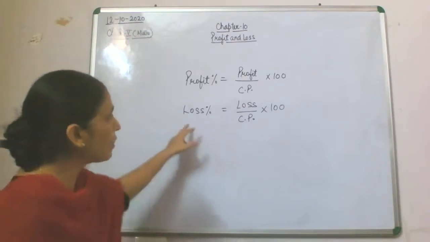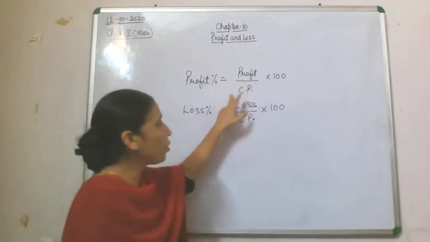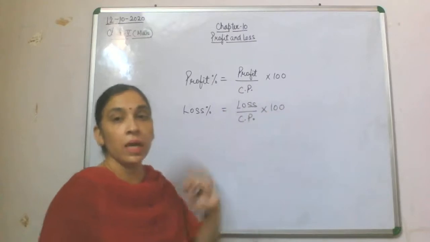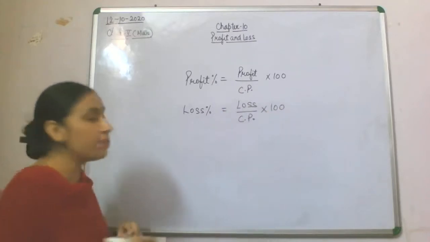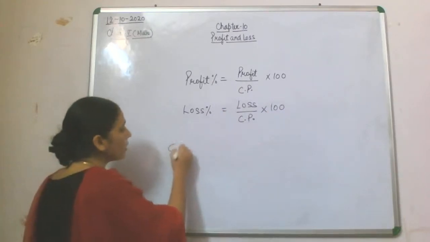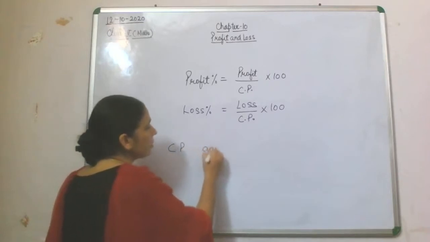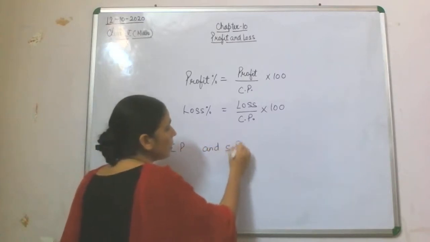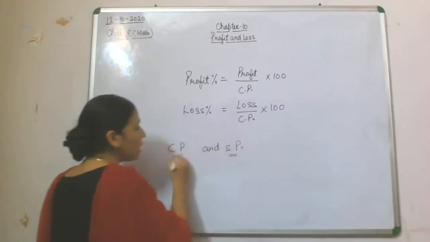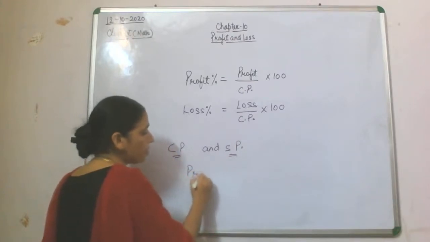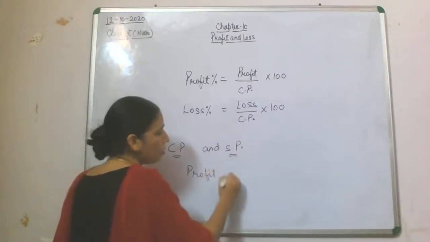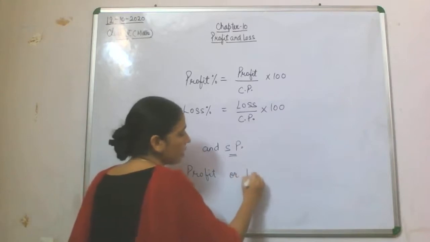Now in this question you require profit, cost price, and 100. Sometimes in the question you are given cost price and selling price. Then in that case you have to calculate profit or loss first.